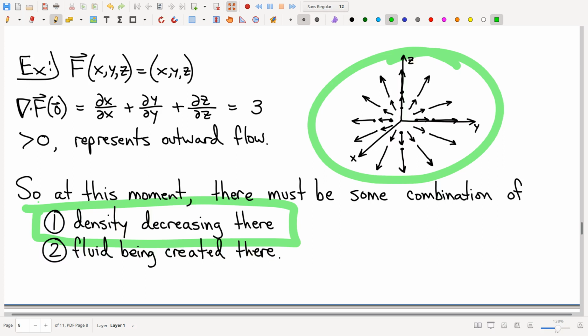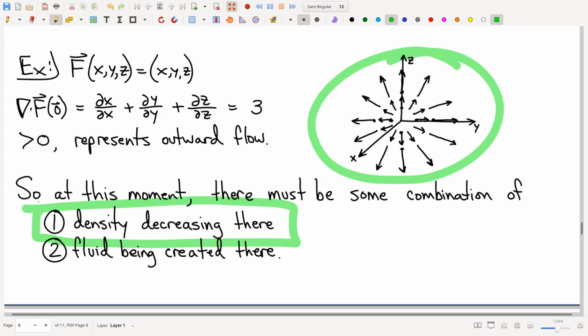So for example, maybe there's a tree full of birds. You know how when they're migrating, they'll all camp out in one tree? And then somebody sneaks up on them and says, "Boo!" And they all scatter, as birds do. Well, as they fly away, the number of birds in the tree is decreasing.